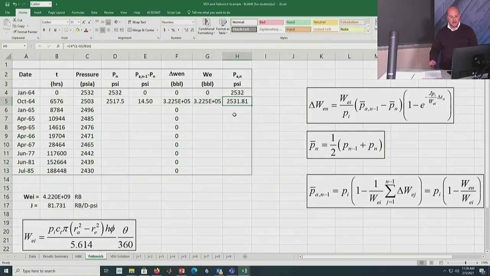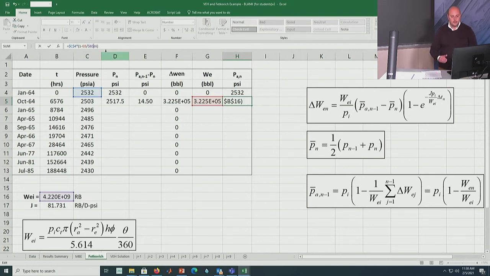So PI never changes, so this C4 should be fixed. If you are not really good with Excel, maybe you don't know this yet, but if you put $C$4, then when I copy that formula, it will keep $C$4. And the same thing goes for B16, WEI. I don't want it to change, so I put $B$16.